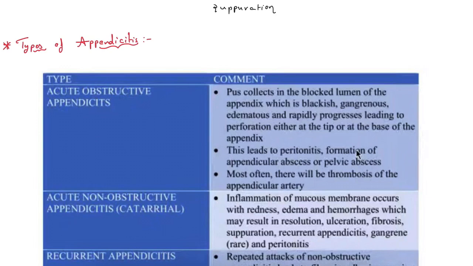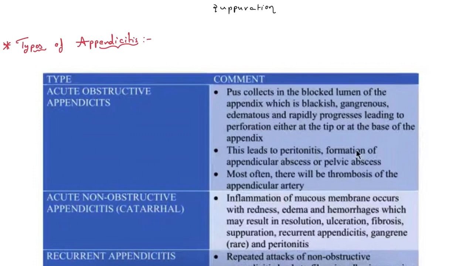Most often there will be thrombosis in the appendicular artery. So here we can see a total of 3 things in obstructive appendicitis. First, pus will collect inside the lumen. Why? Because of blockage. That part will become blackish, gangrenous and edematous, and it will lead to perforation.